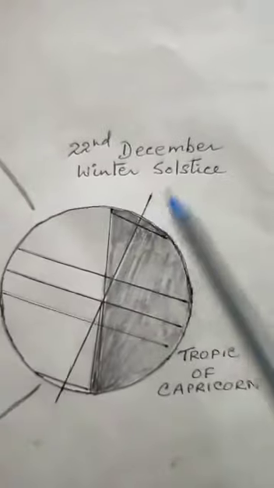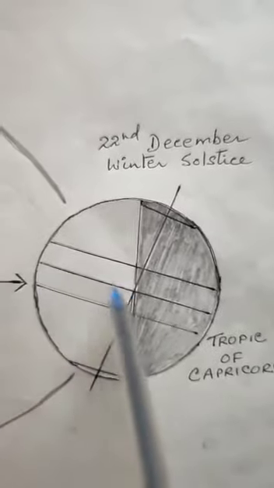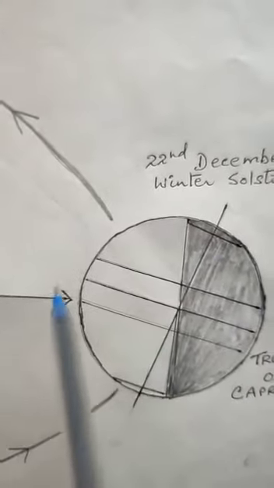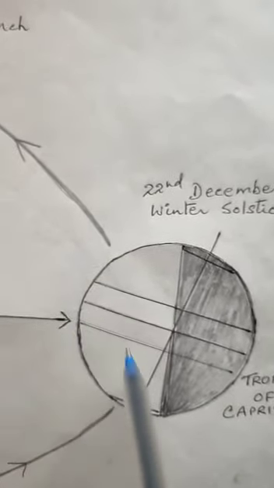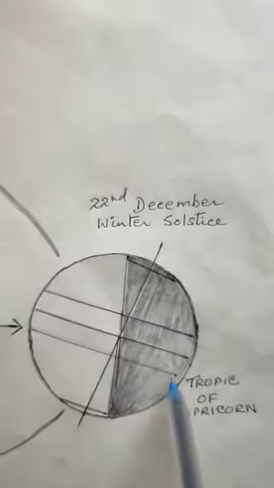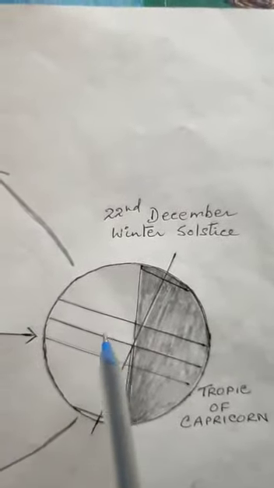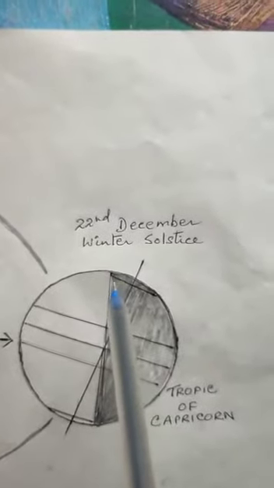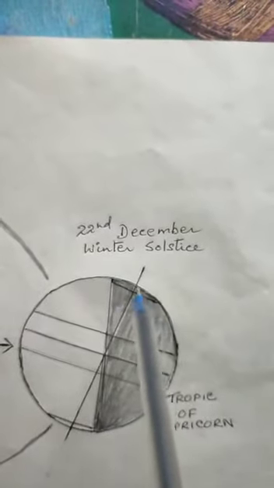22nd December is called winter solstice. Now the northern hemisphere is tilted away from the sun and the southern hemisphere is tilted towards the sun. The direct rays of the sun fall on the Tropic of Capricorn. Now you see the duration of day in the northern hemisphere, it is decreasing from the equator to the North Pole, and beyond the Arctic Circle there is total darkness, 24 hours darkness.